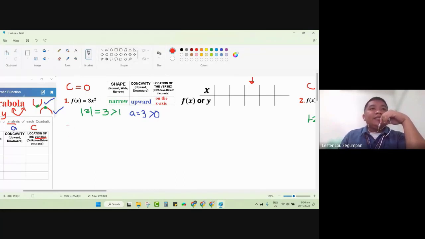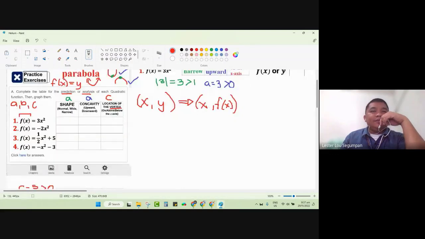Again, the vertex should be a point. A vertex is a point on the Cartesian plane xy. But we could also have a representative x and then f of x. Meaning, whatever the value you substitute for x, you will get a representative value for f of x, and that's your y.